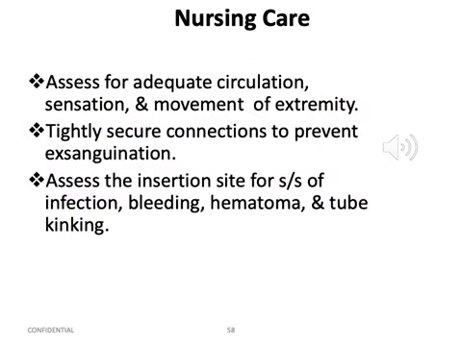Again, to prevent complications, we need to assess adequate circulation in the extremities. We need to secure the connections tightly to prevent accidental blood loss. We need to assess the insertion site for any signs of infection, bleeding, hematoma, or kinking of the tube that could affect the flow.